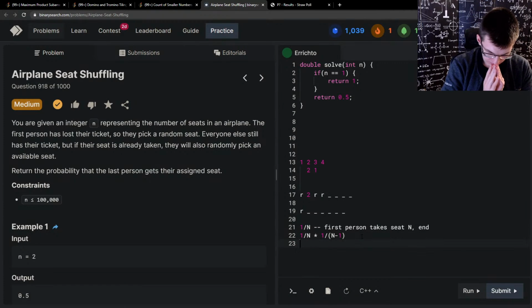That's ugly. Can we make two cases? Sits at the right place or sits at the wrong place? I mean, yeah, for the first person, there are two cases: sits at the right place or wrong place.